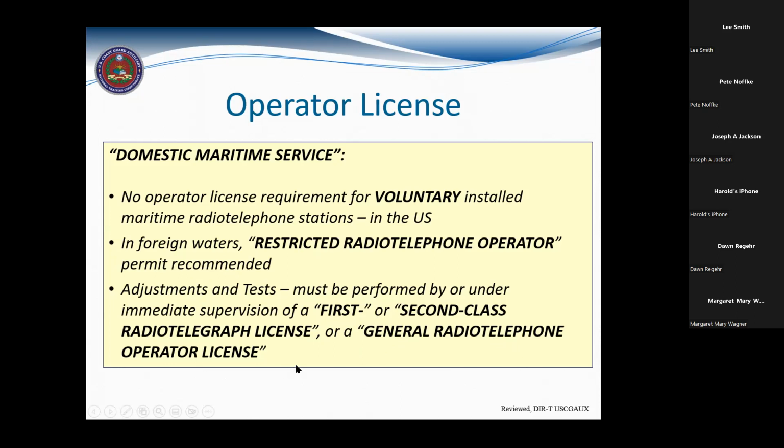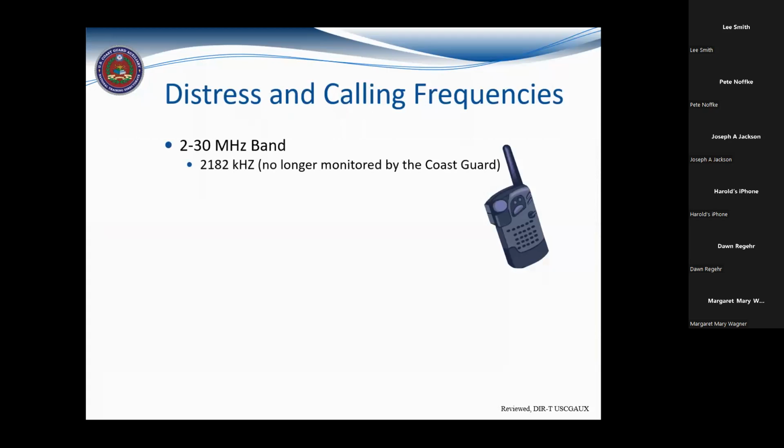You will need to know those categories for people who can legally adjust your marine radio. The big reason for having a license is to be able to take it away if you don't respect the rules. If you respect the rules, there probably is never a need for it.